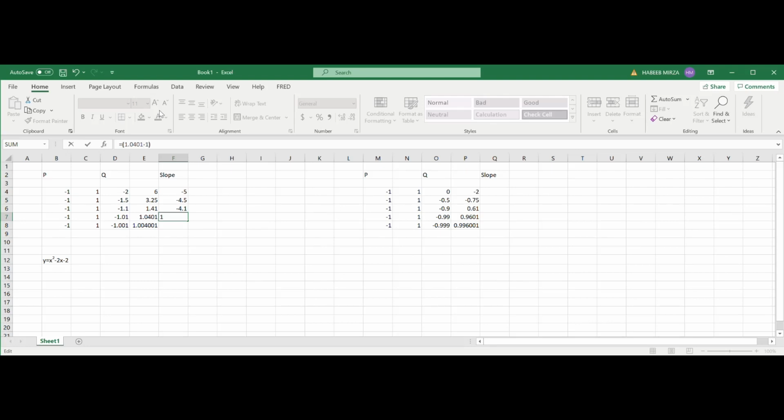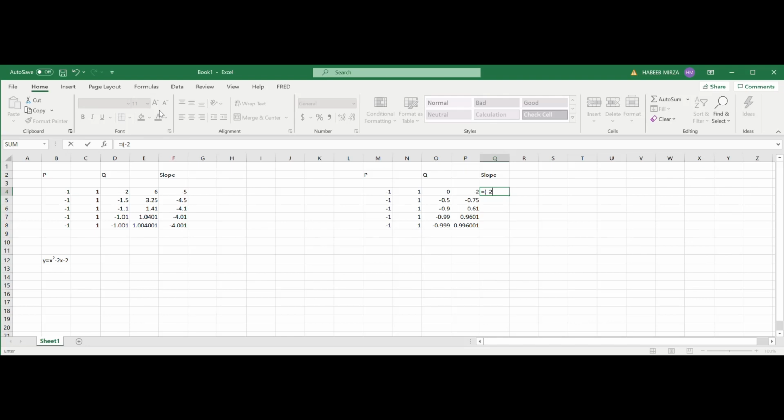minus 1 over negative 1.01 minus 1 equals 1.004001 minus 1 divided by negative 1.001 minus 1. Do the same over here.